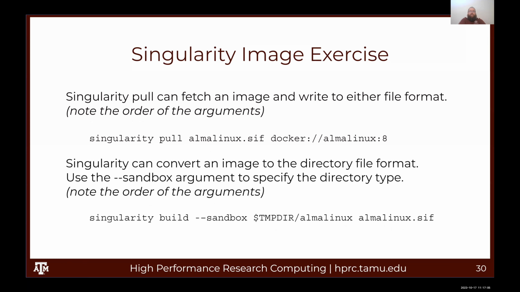Note that the order of the arguments is a bit strange. The source comes last and the target comes in the middle. This mimics the syntax for Singularity pull. So it's singularity build --sandbox target then source. If the source is a SIF file, then the target will be a directory.